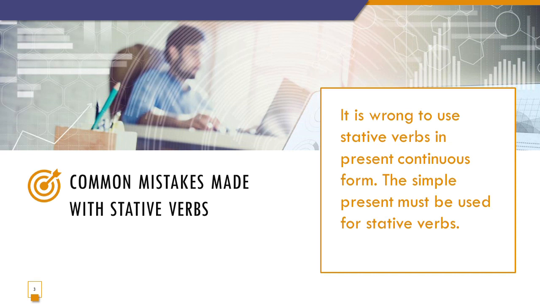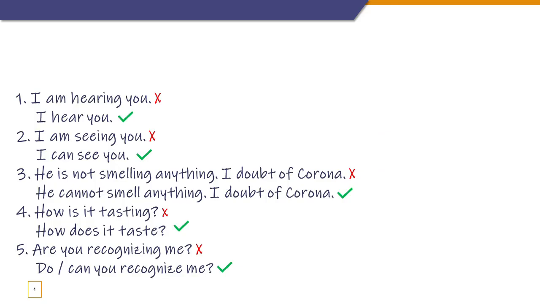So what form should we use? We should always use the simple present to talk about stative verbs. Okay, so one very common mistake that learners make is to use the present continuous form, and this is what causes confusion. So let's look at some examples of common mistakes and how to use them correctly.